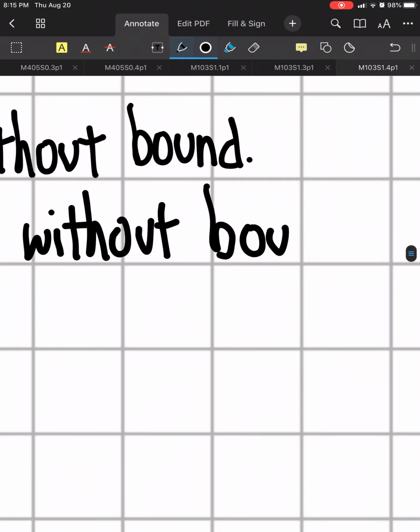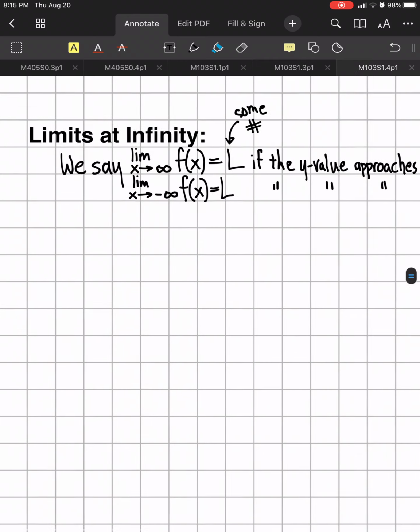So that is what we mean by a limit at infinity.